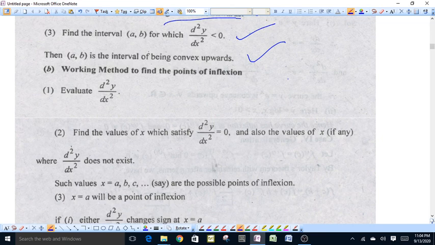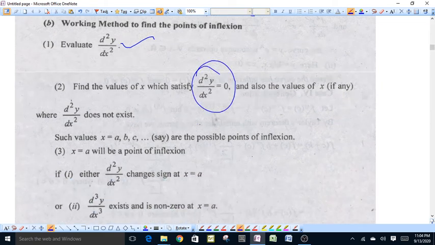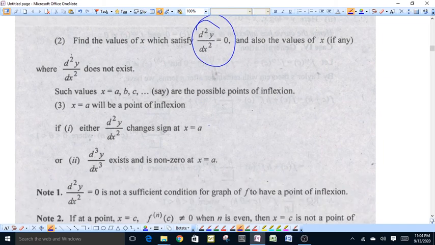Third is that to find the point of inflection, we evaluate the second order derivative and find the values for which the second order derivative is equal to 0. For those values, we check the next order derivative, that is the third order derivative.